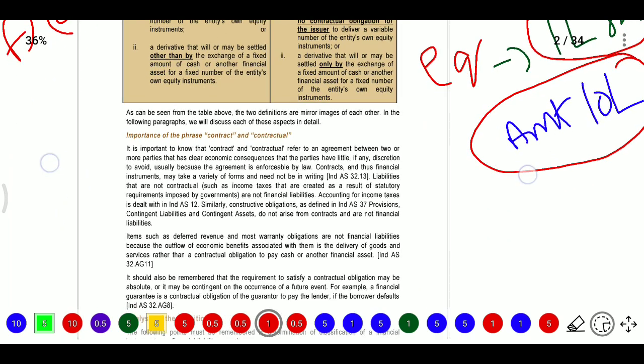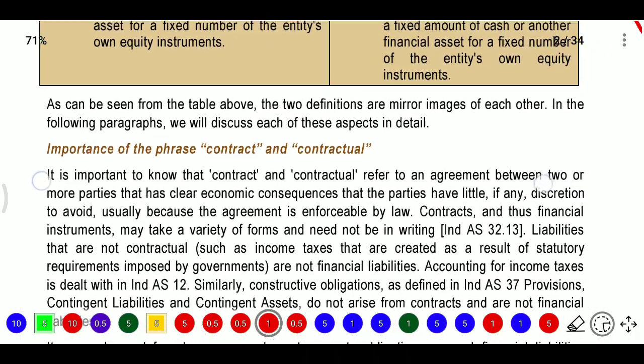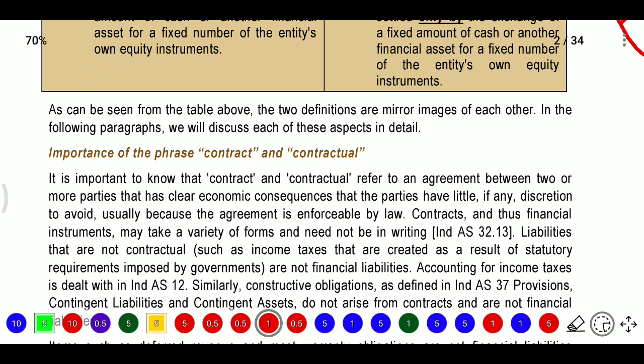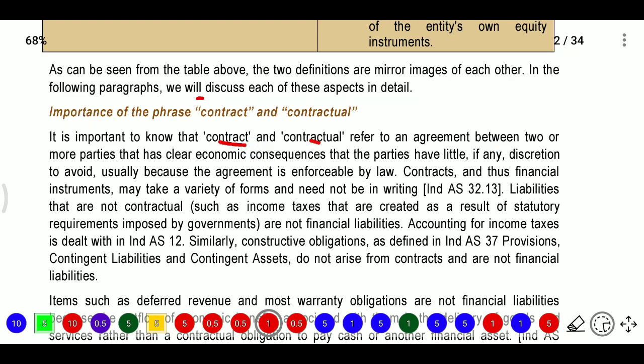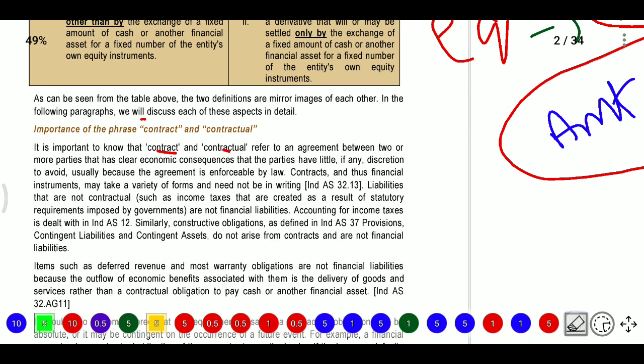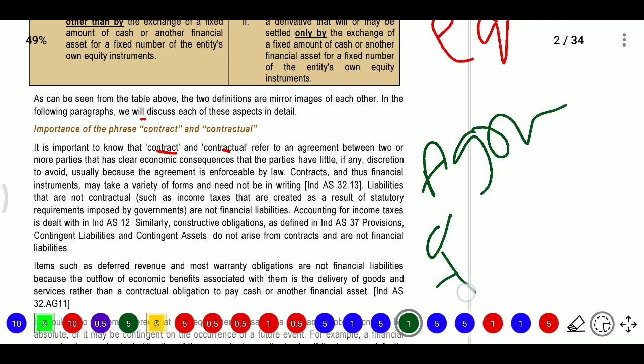Now, the important point is that there must be two differences, mirror images of each other. Here we will discuss contract and contractual. What does contract mean, and what does contractual mean? First of all, there is an agreement between one party and another party.